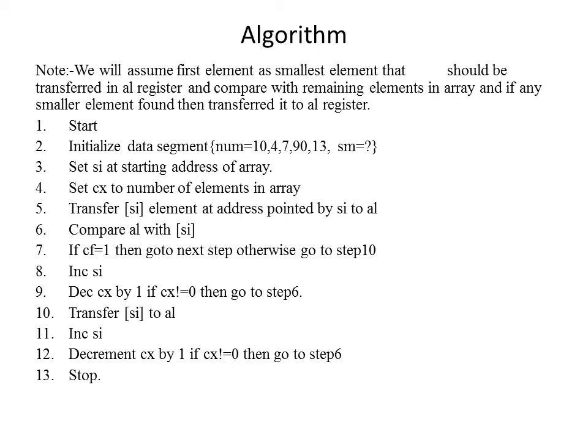Actually no change will happen in the source and destination content, but the changes will happen in the flag register. Carry flag and sign flag will be set when the destination is smaller than the source. Both values will become 1.